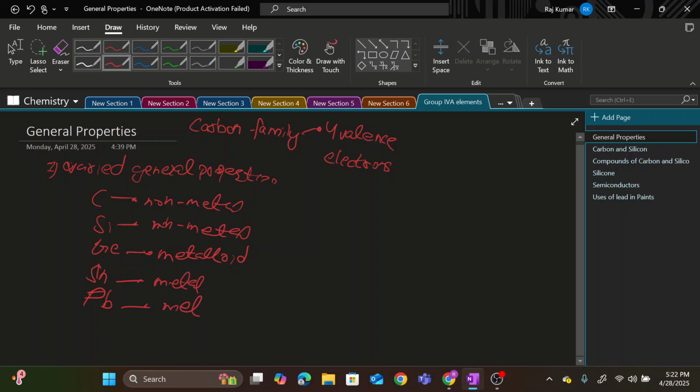So there are varied general properties, and the metallic characteristics increase down the group, as is usually told.